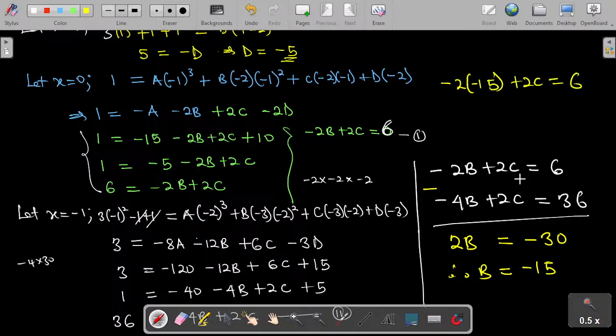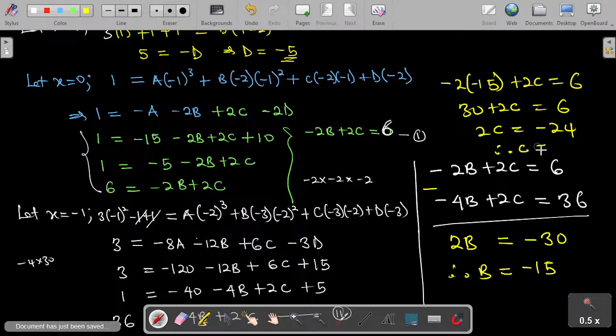I'm substituting in equation 1, and so that's going to give us 30 plus 2c is equal to 6. And so our 2c is going to be 6 minus 30, which is going to give us minus 24. Therefore, our c alone is equal to minus 12. Okay, so I just decided to finish up here. So we have gotten our A, B, C, D.